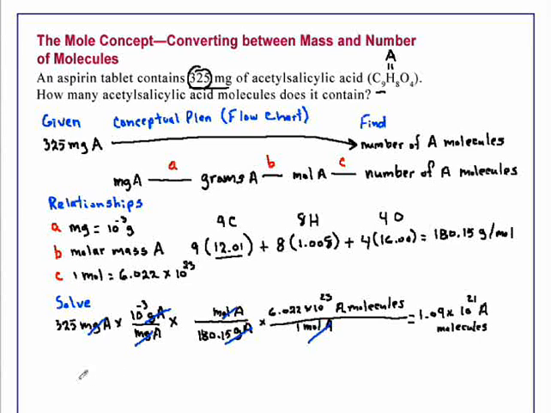Now that's what our calculator gives us, but it's always wise to check our answer. In other words, let's see if this answer makes sense. Remember that 1 mole of A has a mass of approximately 180.